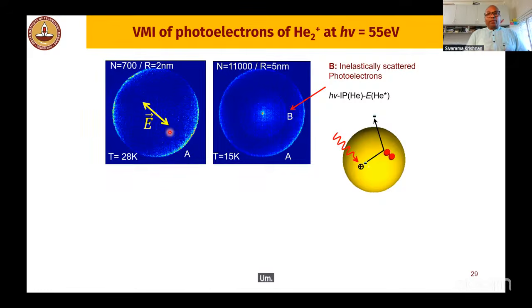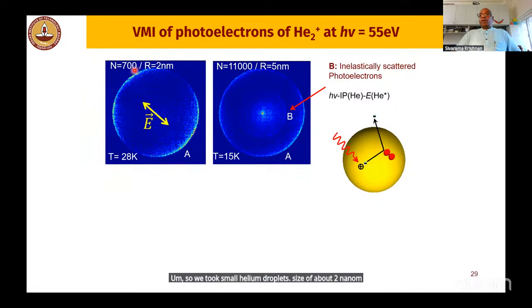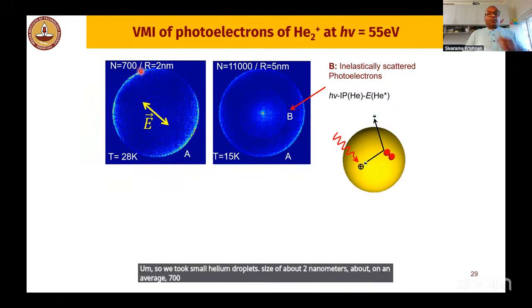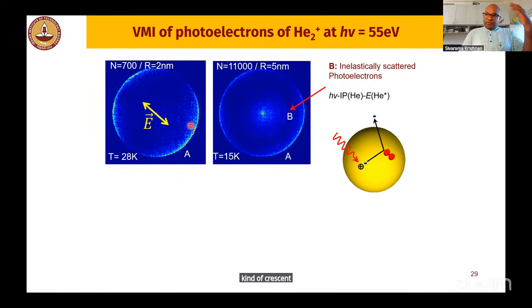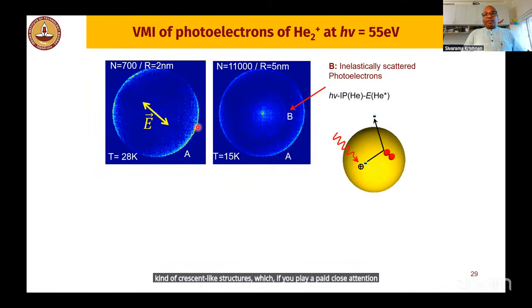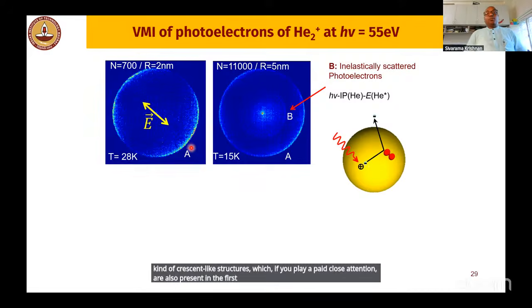We took small helium droplets, about 2 nanometers in size, on average about 700 helium atoms per cluster, and then measured the photoelectrons. This is a typical velocity map image. The polarization direction of the synchrotron is diagonal on the screen, and therefore you see these crescent-like structures, which, if you pay close attention, are also present in the first VMI image with atoms and also helium droplets, which I showed you.